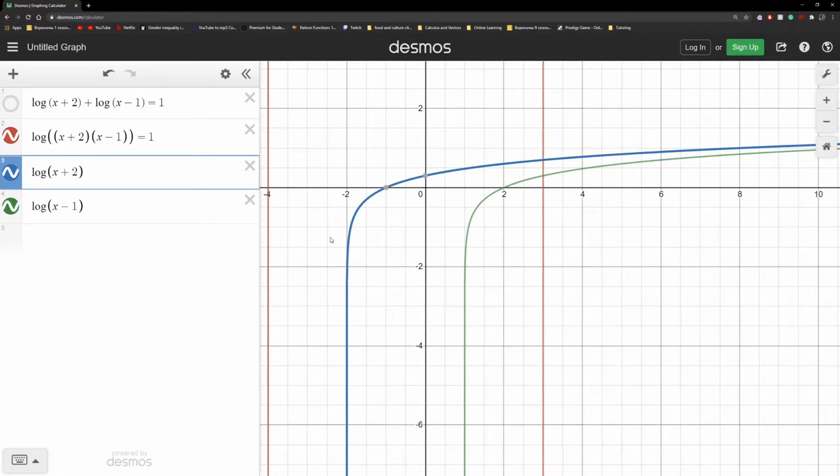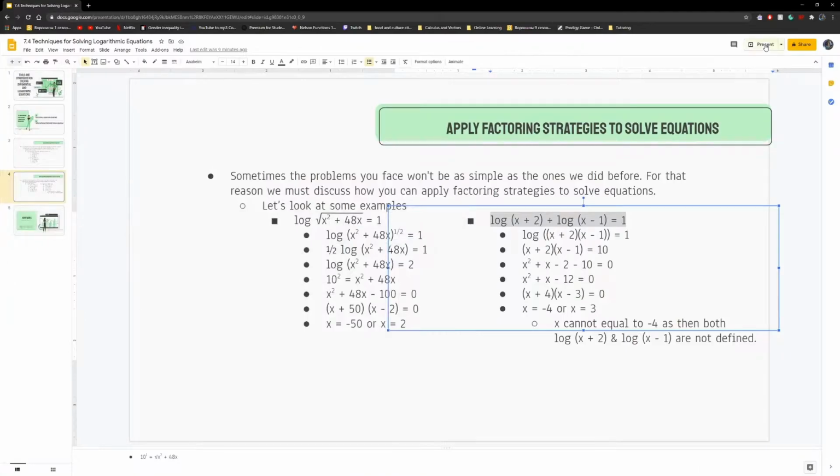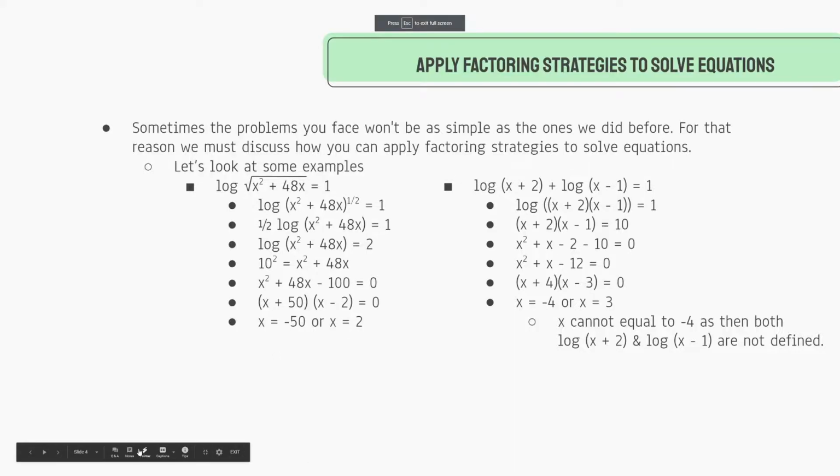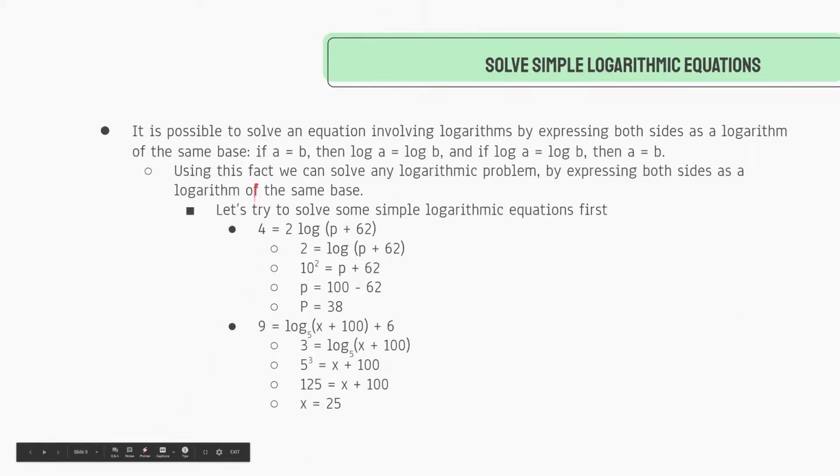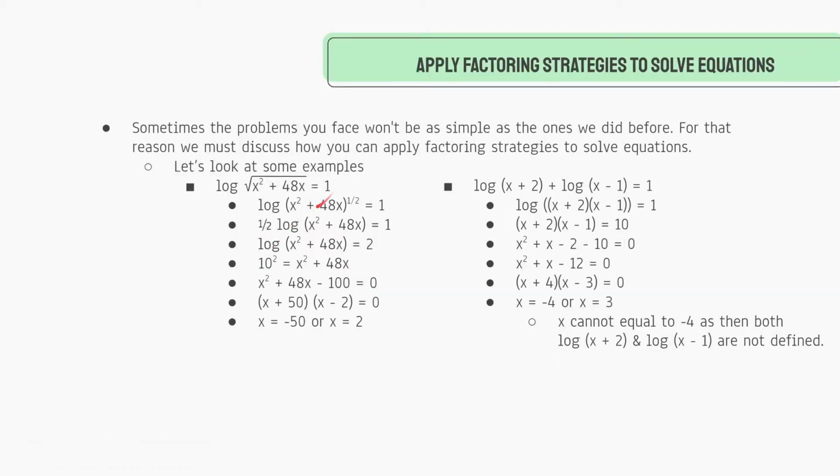You can always state your restrictions at the start so you don't forget them. So for example, if you want to be extremely smart about it, you'd ask, when is this thing negative? Is it ever negative? It's never negative. So we shouldn't have any restrictions besides getting less than 0. However, over here, we immediately have to say that x has to be greater than -2, and x has to be greater than 1.